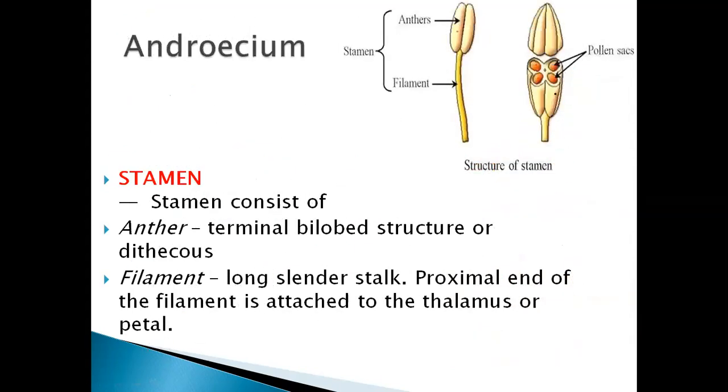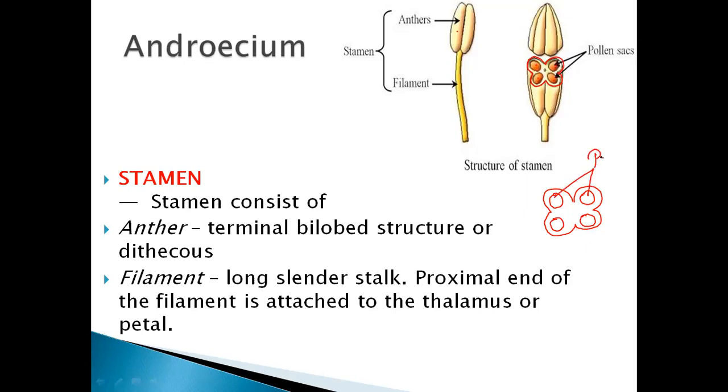What do you mean by this? Tetragonal structure means this. Okay, students, the anther structure, whenever we draw it in this way, it is a tetragonal structure, and there are how many? Four microsporangia. Now, what do you mean by microsporangia?